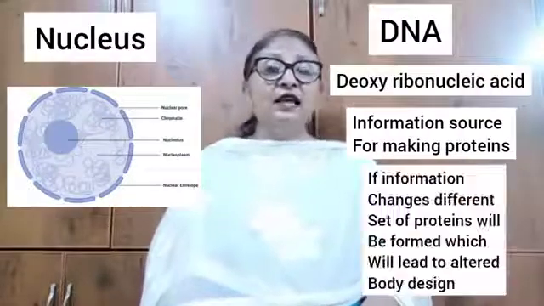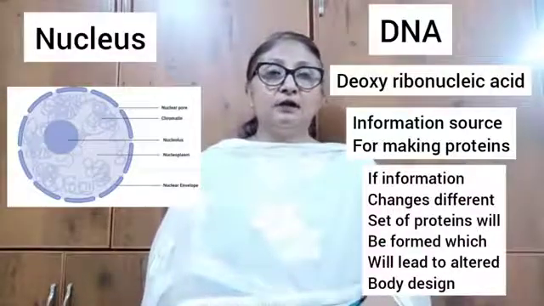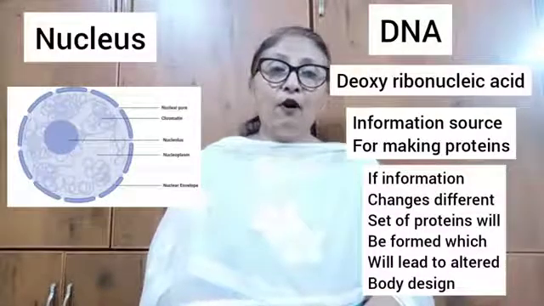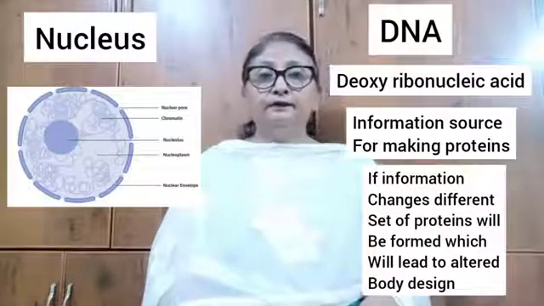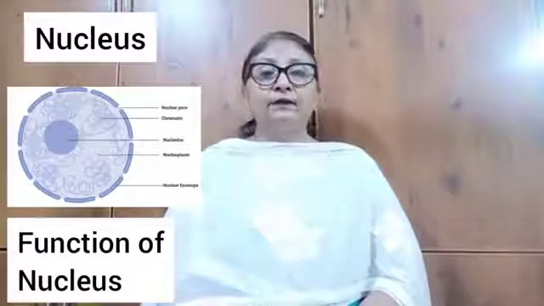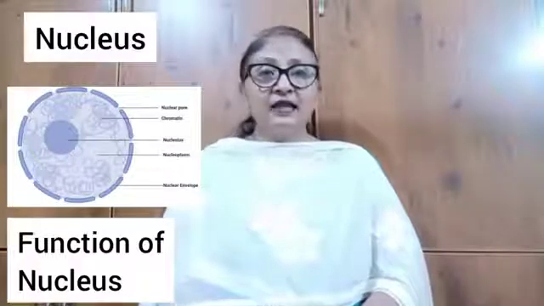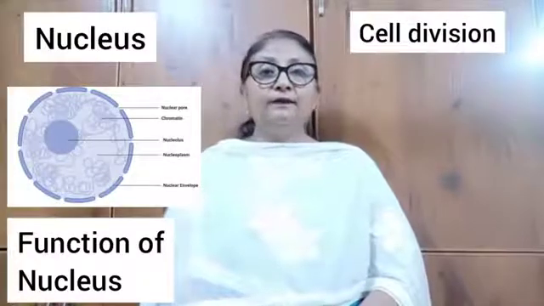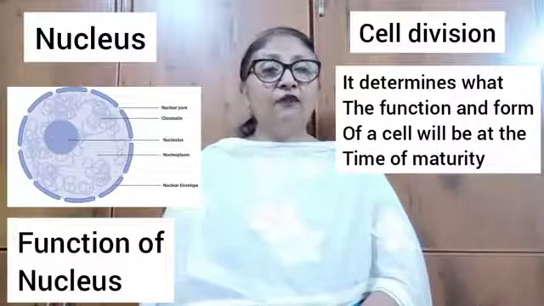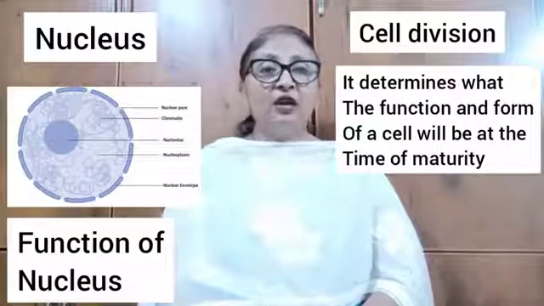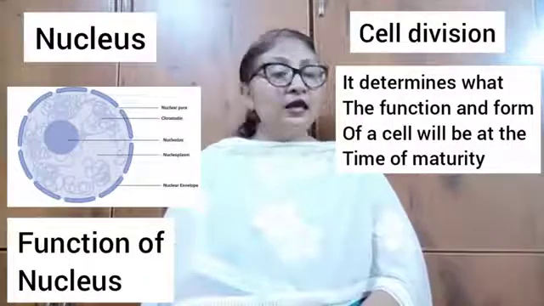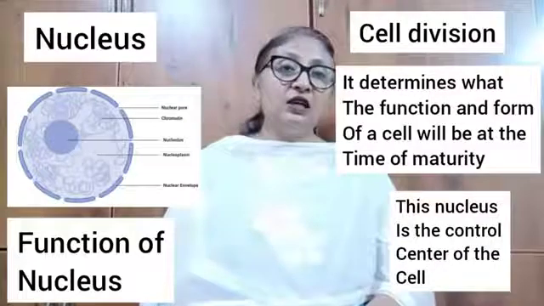But if this information changes, then the body design will change, or the body design will alter. Now the two functions of nucleus are, first, it helps in cell division, and secondly, it is the nucleus that decides what the form and function of the cell will be at the time of maturity. Thus, nucleus is the control center of a cell.